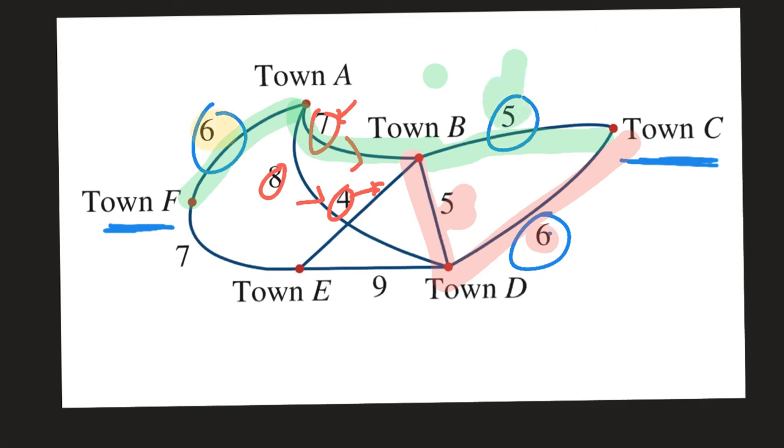I've got 6 plus 7 plus 5. 6 and 5 is 11 plus 7 is 18. So it's going to take 18 units, 18 hours, 18 minutes, 18 kilometers, 18 miles. But the shortest distance I could find was 18 to get from A to C. And that would be a quick and easy way to use a weighted diagram.